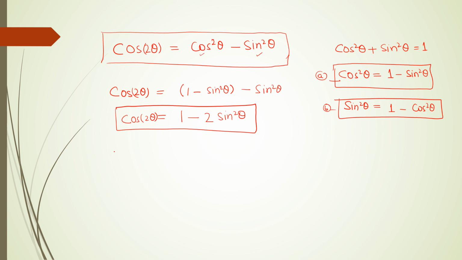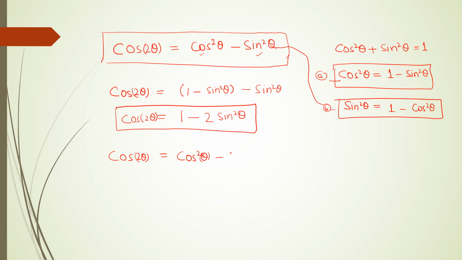Now another identity we will use. cos 2 theta is equals to cos square theta minus sin square theta, and now we will replace sin square theta here with 1 minus cos square theta.